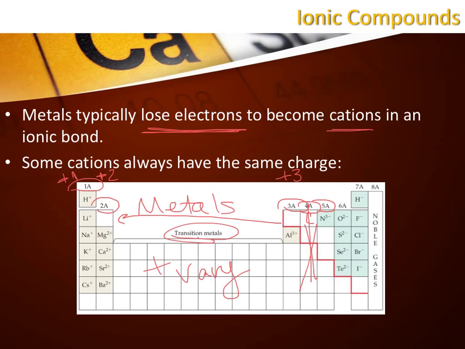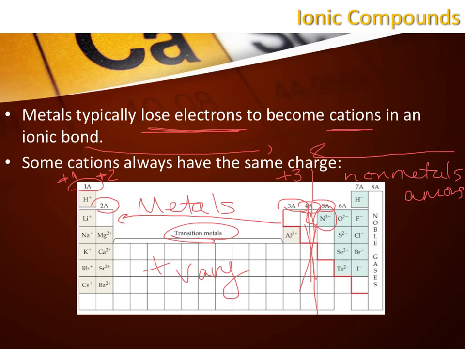And then it's kind of a mirror image here. You've worked up in charge, and now we're going to approach it from the other direction. So the nitrogen group, now we're in the nonmetals, tend to gain electrons, so they become anions. And so the nitrogen group tends to gain 3 electrons and have a charge of -3.